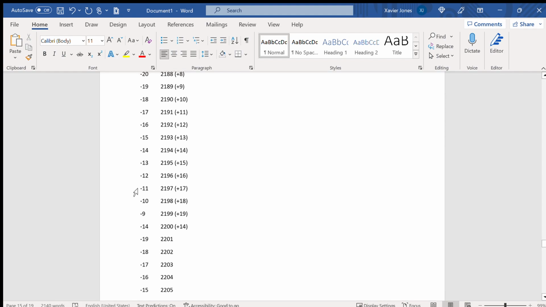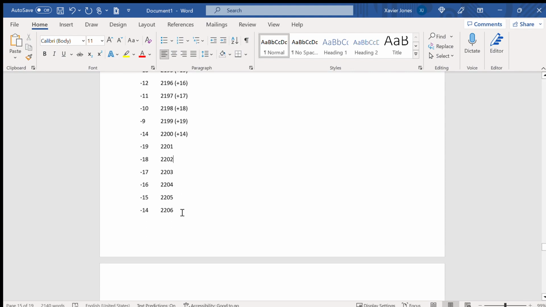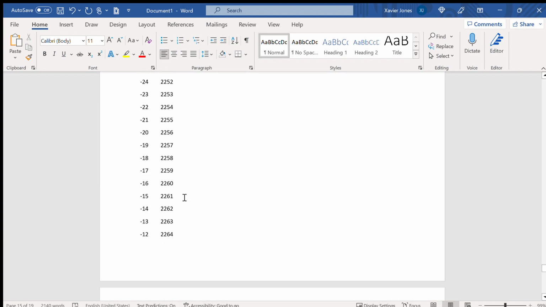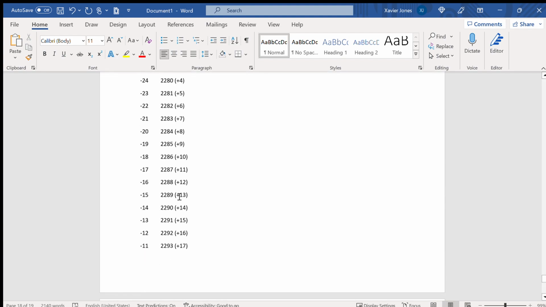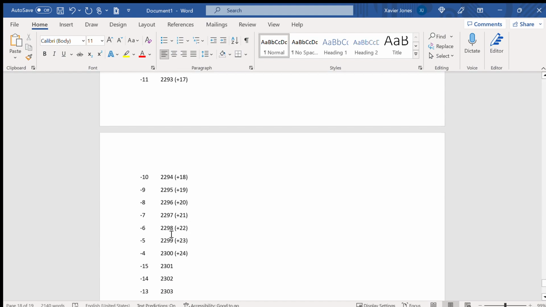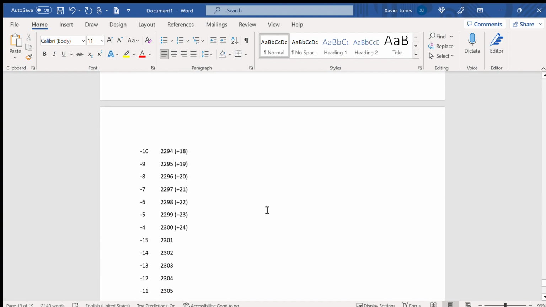So it goes from minus 9, it jumps back 6 years to minus 14, and then jumps back another 6 years to minus 19. And it's going to do the same thing right here, if I can find it. This is going to jump back to minus 4 plus 6 is minus 10.